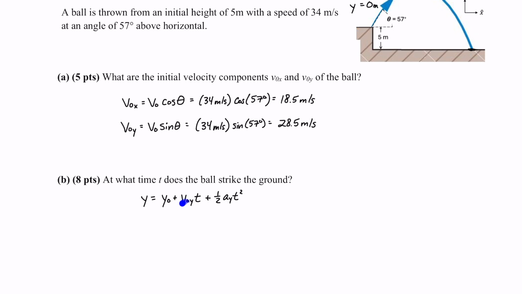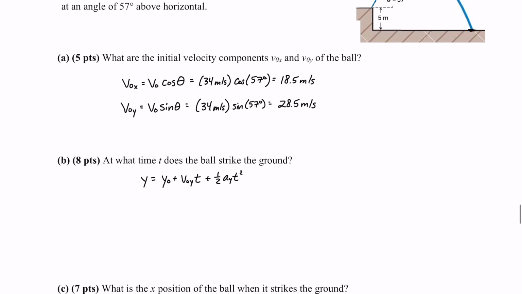We just calculated initial y velocity, and we know the acceleration is due to gravity, so t is actually our only unknown in this problem. If I substitute in the values that I've been given or calculated, I'd have 0 equals y naught, which I know, plus v naught y t, which I just calculated, and then negative 1/2 g t squared.